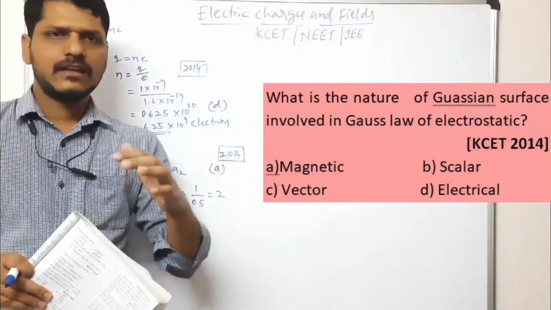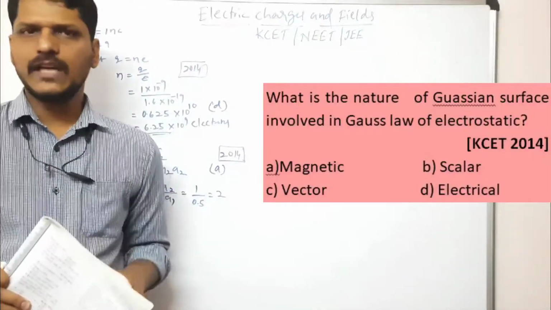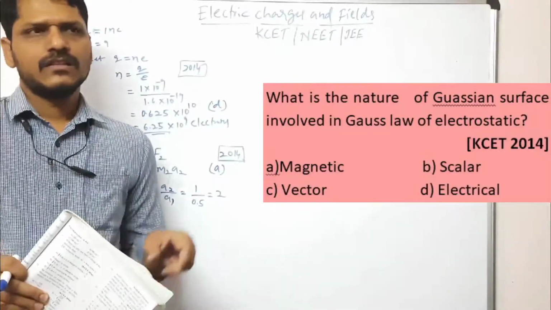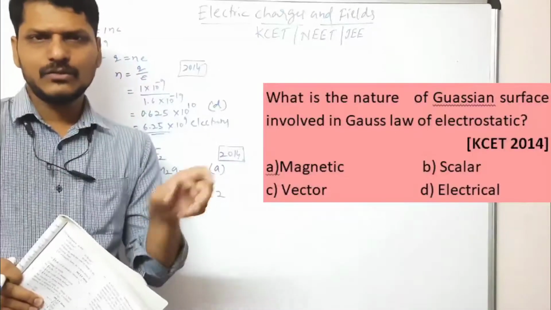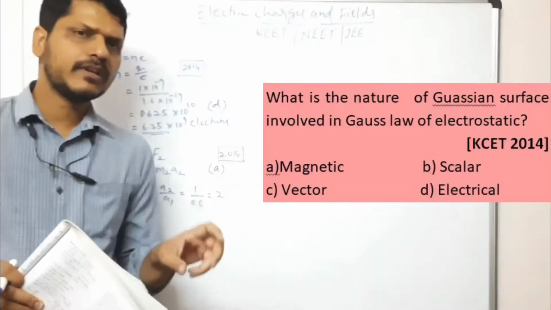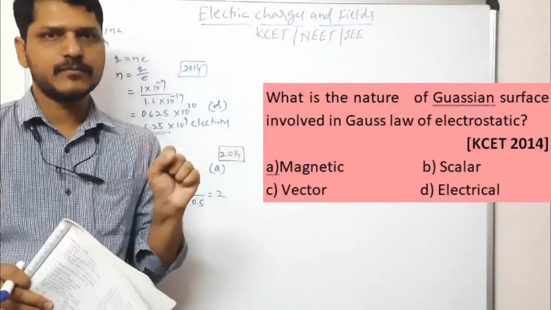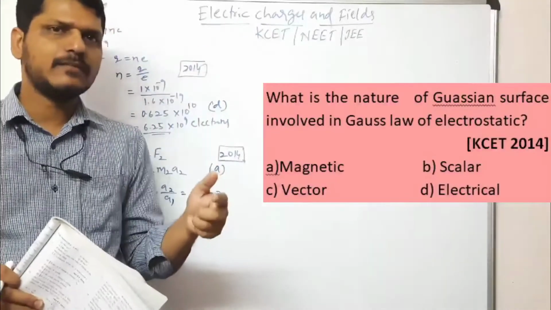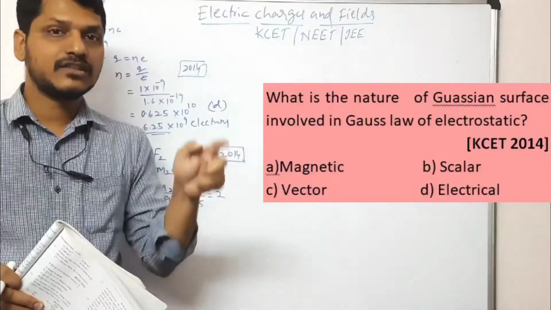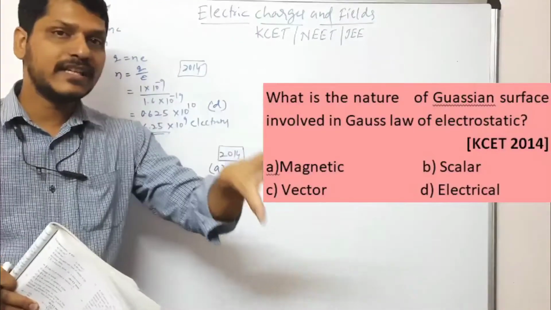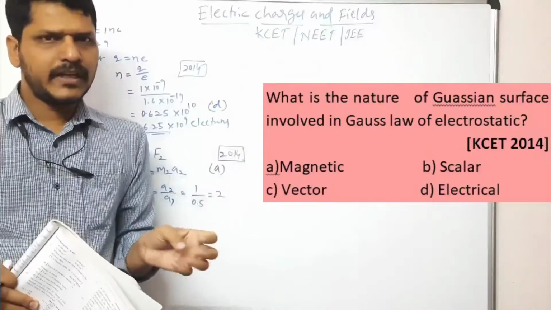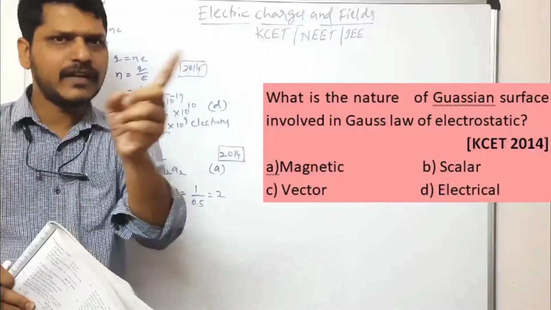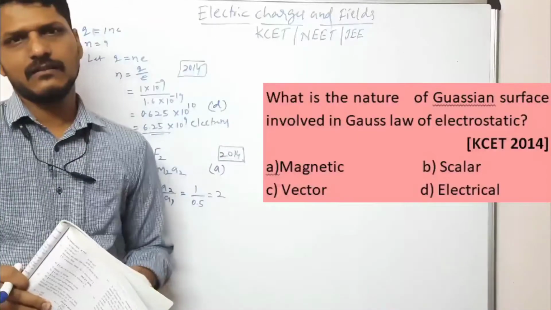According to Gauss law in electrostatics, the total electric flux over a closed surface is equal to 1 by epsilon naught times the total charge enclosed in that surface. Depending upon the total charge enclosed in the surface, that much flux comes out from the Gaussian surface.